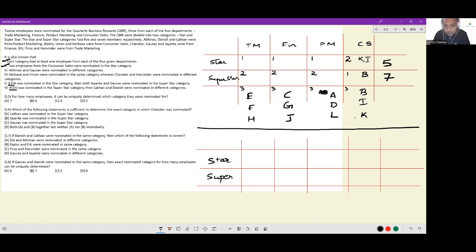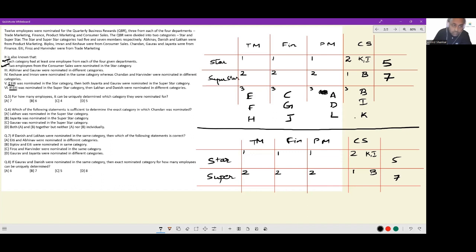Star, superstar, PM, Fin, PM, CS, 5, 7, 2, 1, 1, 2, 1, 2, 1, 2. And pay attention, the fact that Keshav and Imran are here and Biplav is here, this is guaranteed. This we know beforehand. Consumer sales department is known.